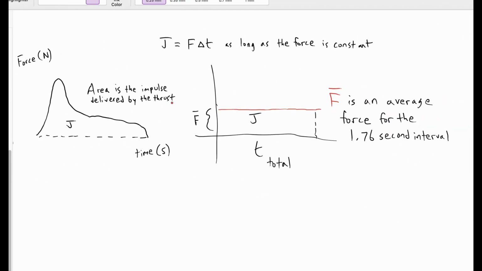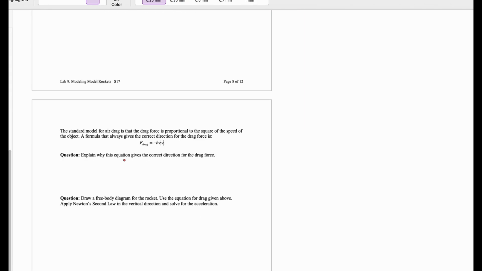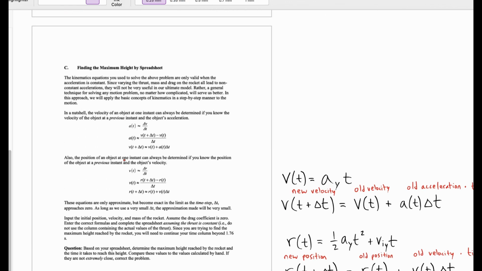Newton says that if you have an average force applied constantly for a certain time interval, it could potentially have the same area and the same impulse as if a changing force were applied for that same time interval. As long as the areas are the same, Newton would say the impulses would be the same. Hopefully we'll get the same kind of results as we did the other way.